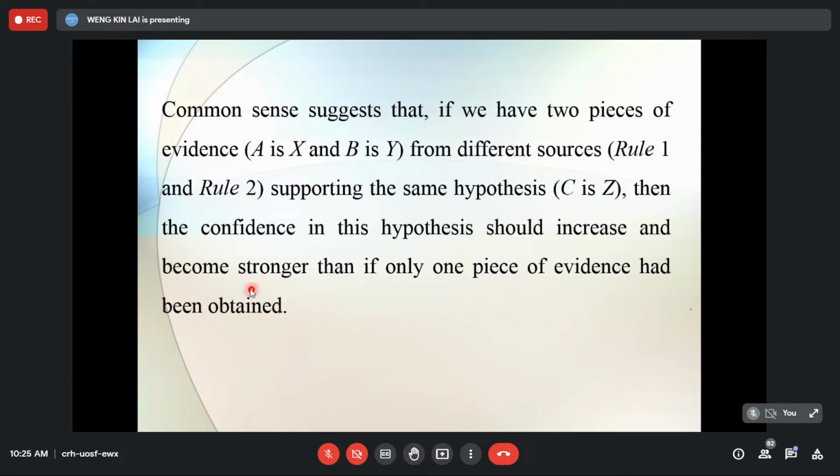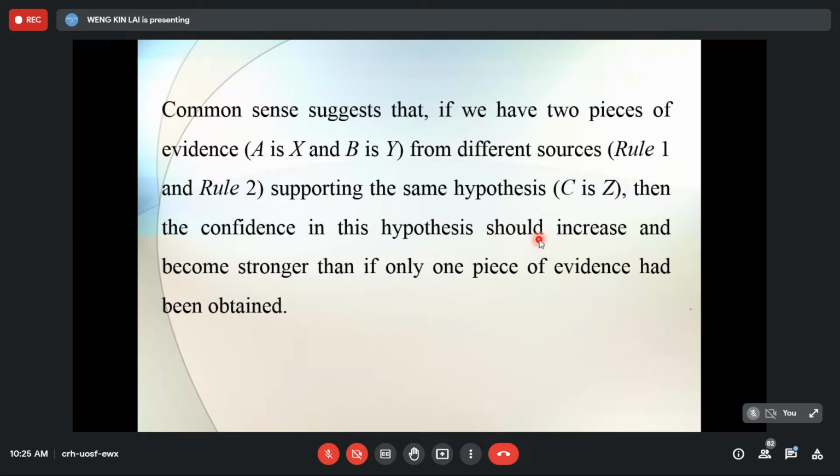Therefore, in a way, your common sense will tell you that since you have more than one rule firing, and they both support the final conclusion, this hypothesis, which is C is Z, should increase. Right? Common sense tells you that. For me, I will question, what does this common sense do with this?